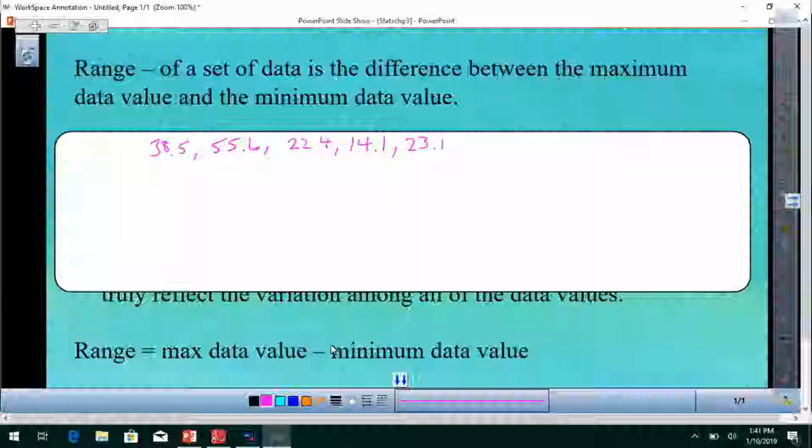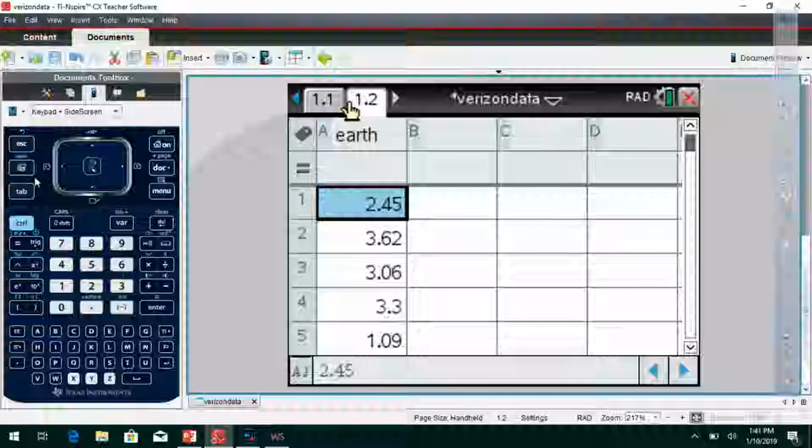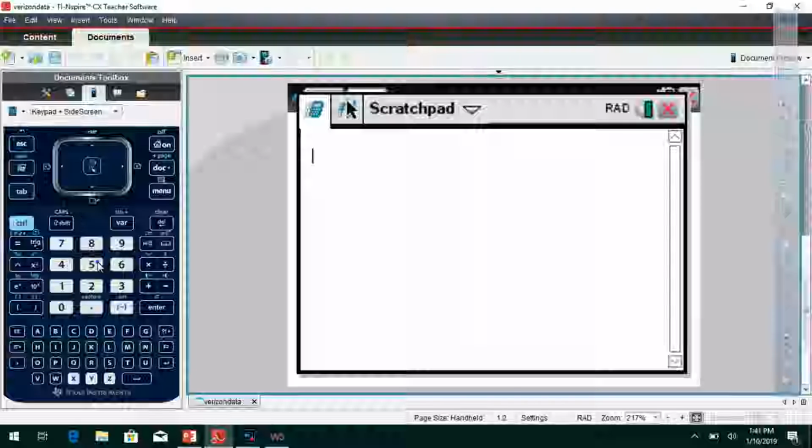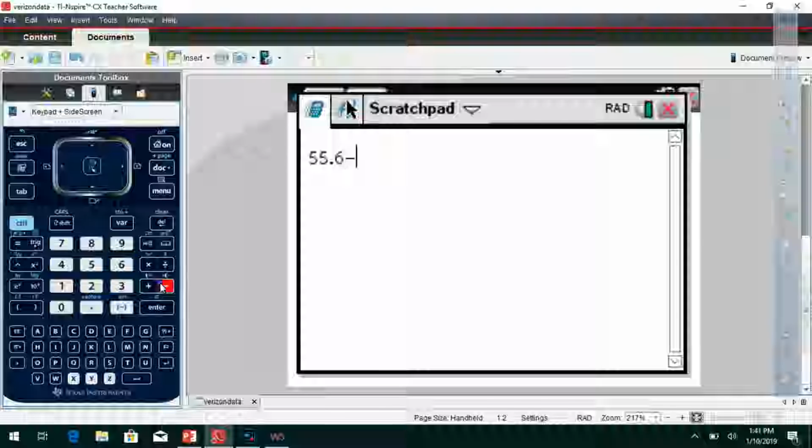The range is going to be the largest value, which in this case is 55.6, minus the smallest value, the minimum data value, which is 14.1. 55.6 minus 14.1 is 41.5.